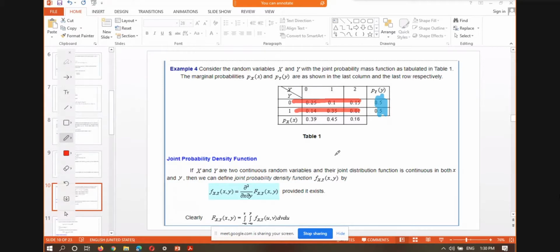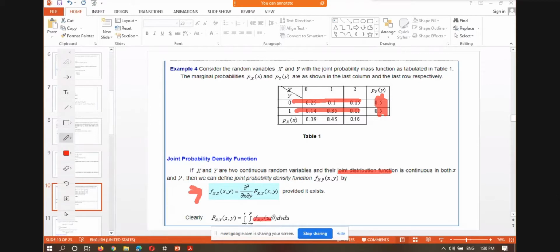Now we go to the case of continuous random variables. Like earlier we had the probability density function, here we have the joint probability density function. If x and y are two continuous random variables with their joint density function, then the joint density function is defined by f of xy = del 2 over del x del y F of xy.